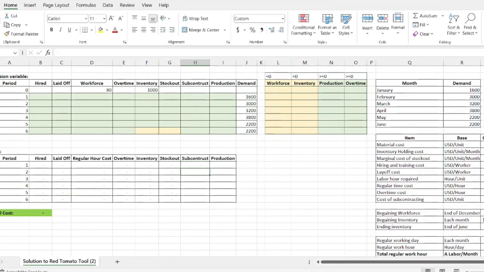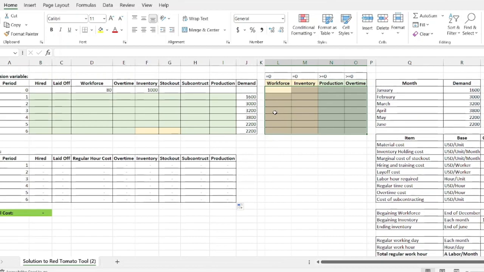F4, we remember to put this F4 because if we do not put F4, then the value will not be the same. If you see here, this one is locked. Then production is the number of material we produce multiplied by production cost, which is actually the material cost. Let's F4. Fine. So here we have considered all the costs.